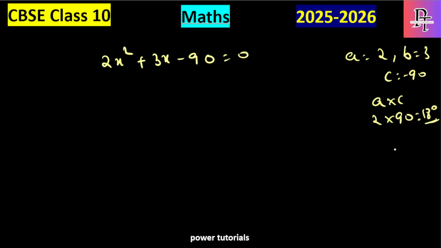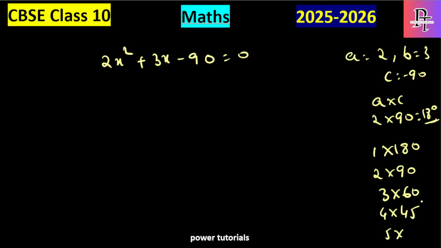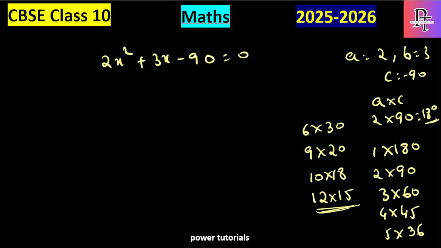So let's find the factors of 180. 1 into 180, 2 into 90, 3 into 60, 4 into 45, 5 into 36, since the last digit is 0 or 5 it is definitely divisible by 5, 5 into 36, 6 into 30. 7 table will not happen, 8 table will not happen. 9 into 20, next 10 into 18, next 12 into 15. 12 fives are 60, yes, this is enough because we want 3 here.